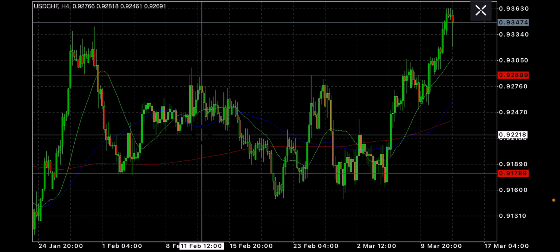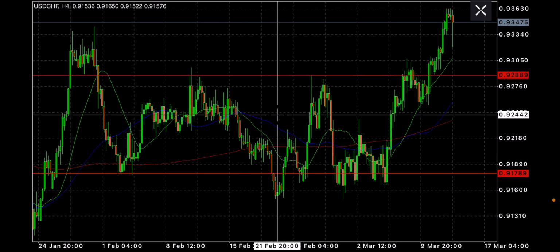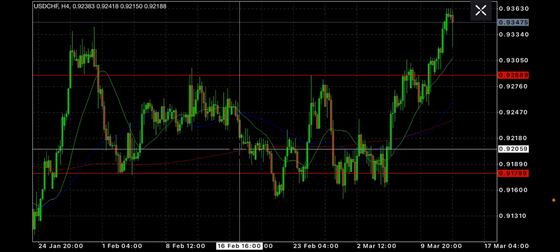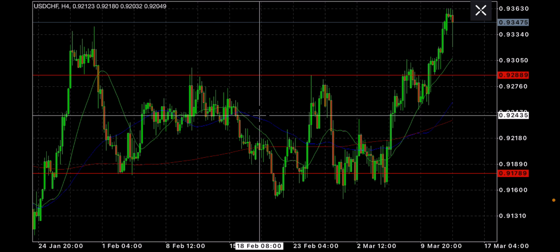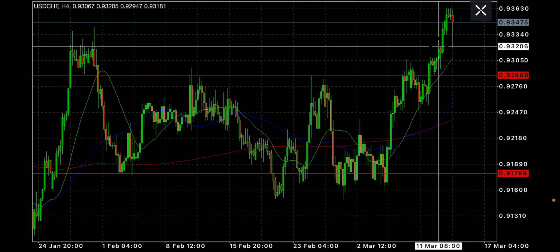Okay, and it is stronger than the JPY and, for some periods of time, stronger than the USD, as we can see reflected on the chart, because we've been ranging between 0.92889 and 0.91789 for some time, but we did have the break in the range.